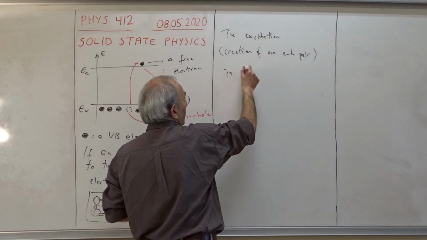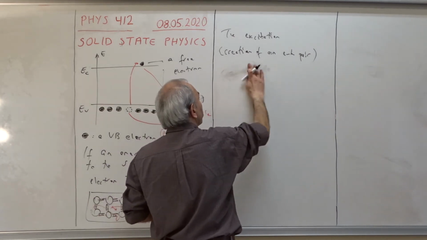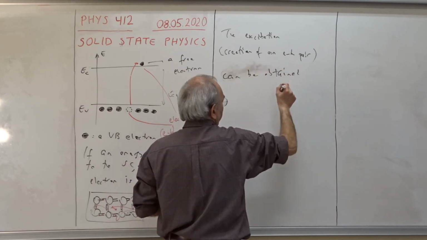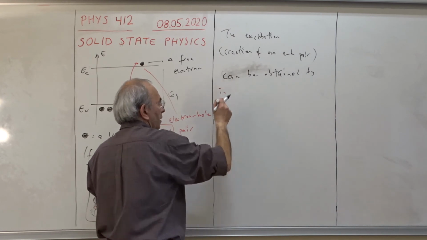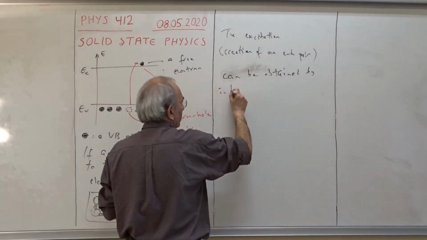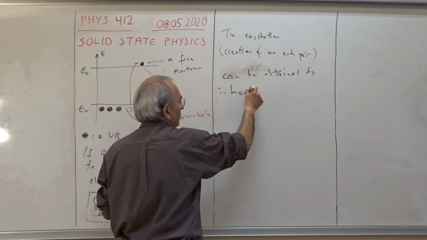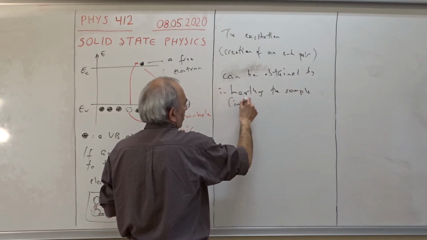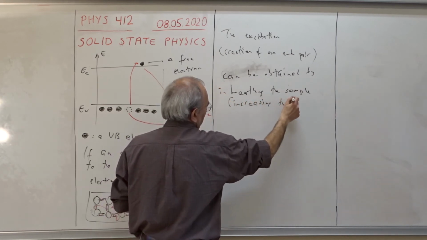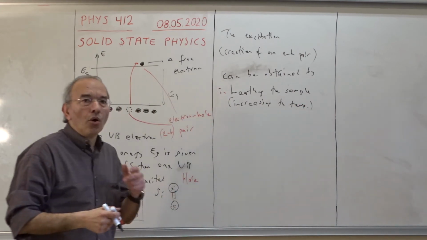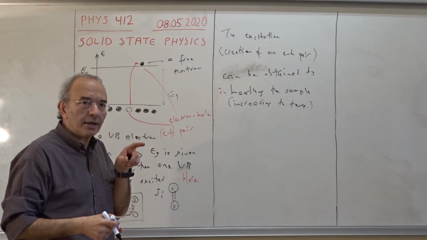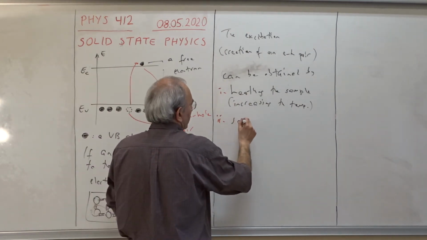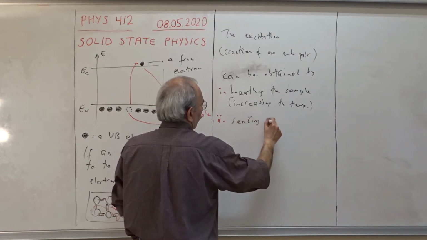The excitation can be obtained by heating the sample, in other words, increasing the temperature, or by sending some optical agents, or by sending photons.